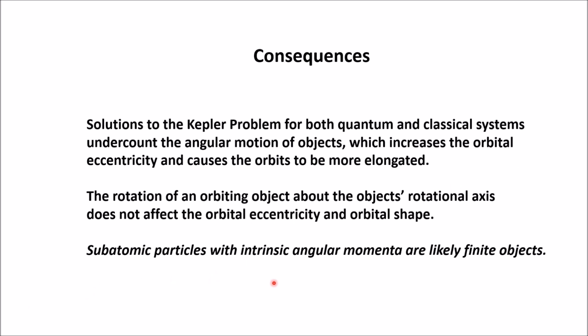There is an implication here that subatomic particles with intrinsic angular momentum are likely all finite objects. I'm not sure that's a true statement, but it's something that you could test. We lack the tools for being able to identify many of the attributes of subatomic particles.